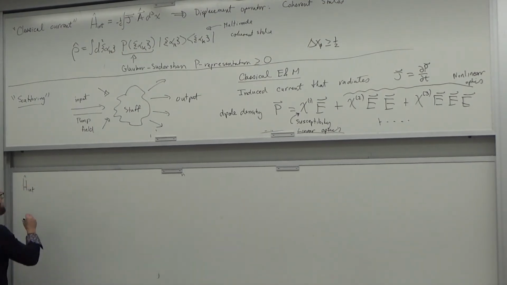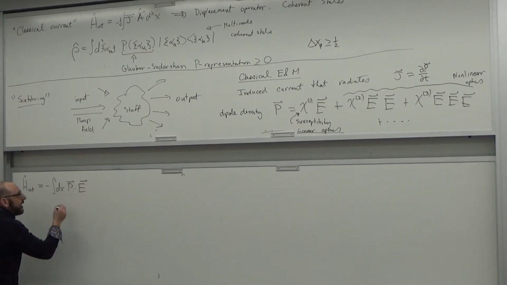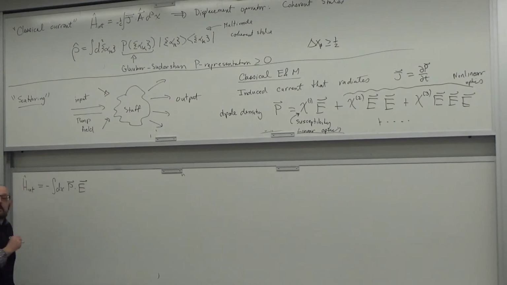The lowest order would be the integral of the P dot E. Instead of J dot A, we have a P dot E type interaction, like a dipole interaction, minus E dot E, right, that we're familiar with. But now a density of such things.